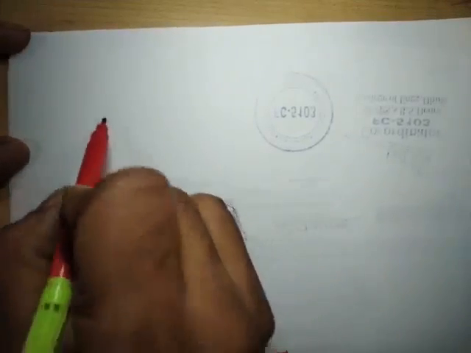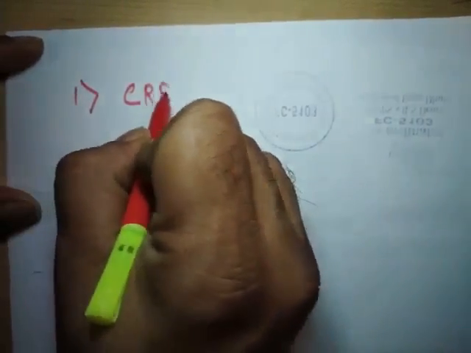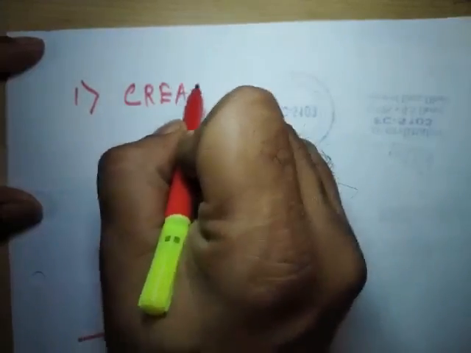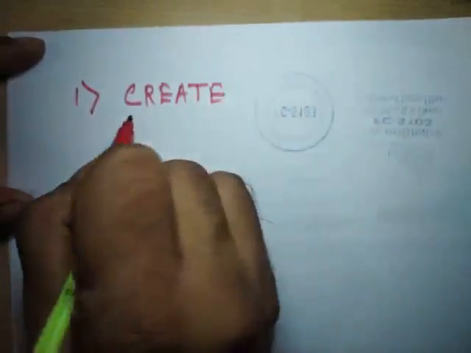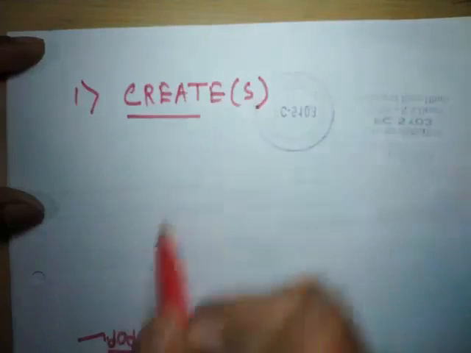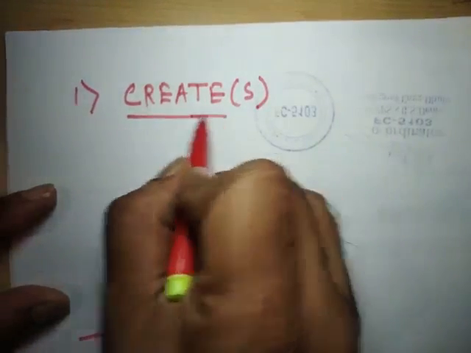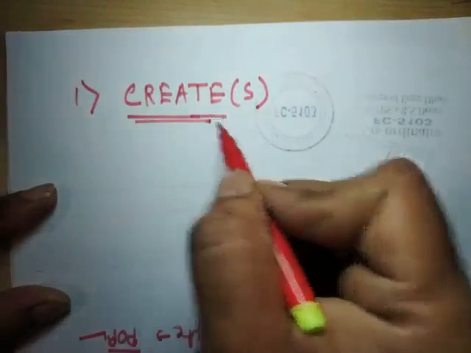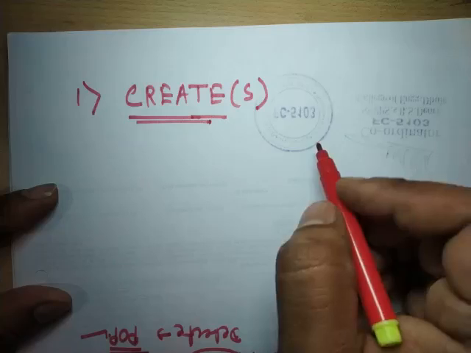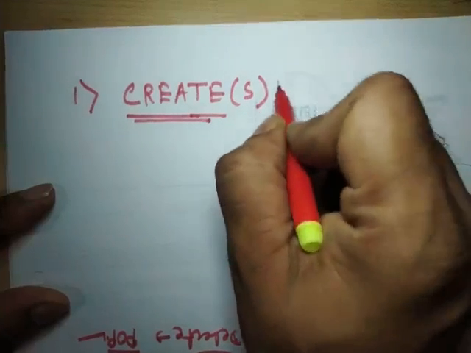First basic operation, create. What are we going to create? That is stack. So what does the create operation basically do?